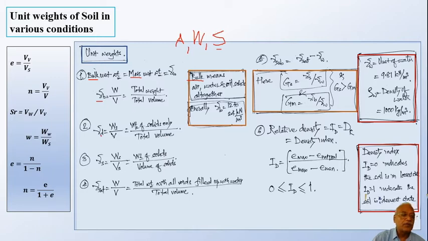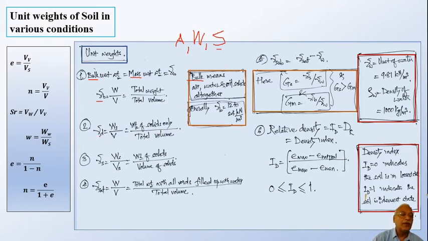Then it is known as dry unit weight. Even for wet soil you can define this, because in the numerator you put weight of solids only divided by total volume. This ratio is gamma d, dry.